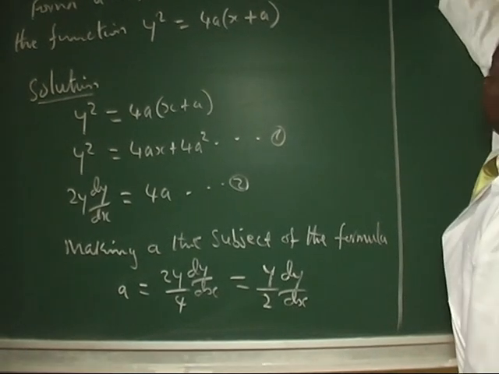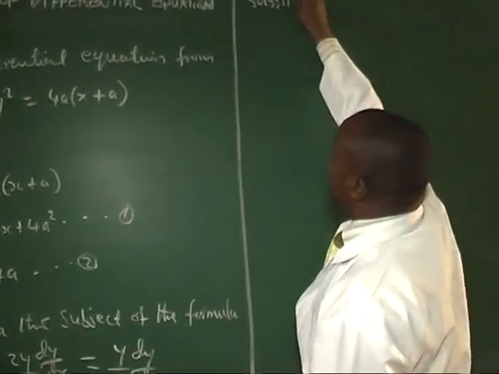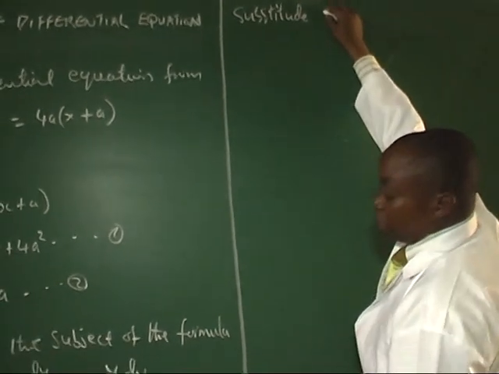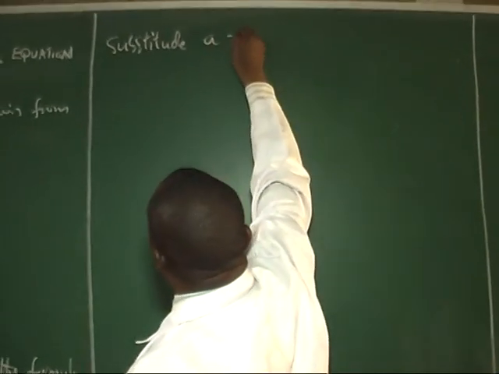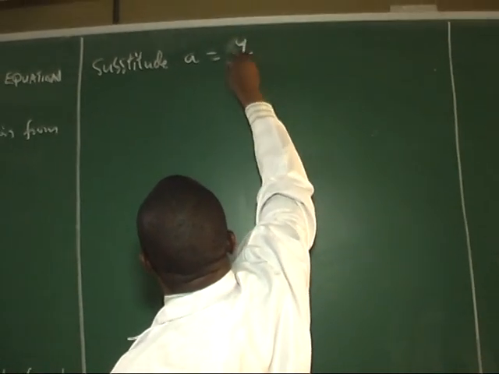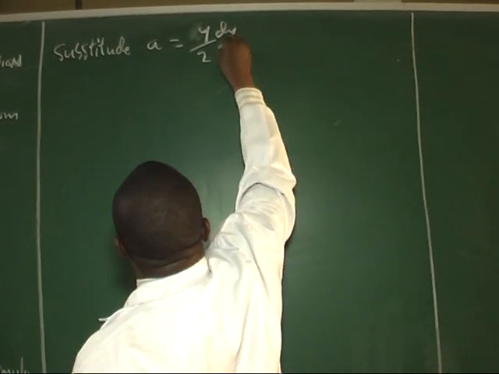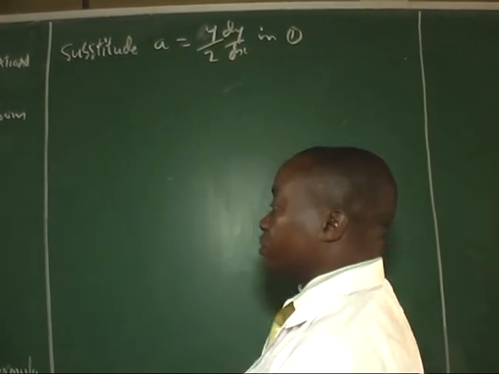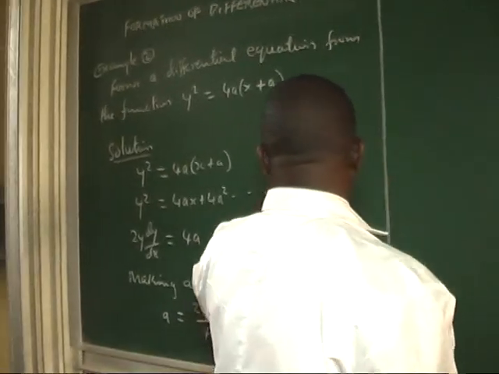Now, what we'll do is we are going to substitute a is equal to y all over 2 divided by dx in equation 1, which is the original equation.